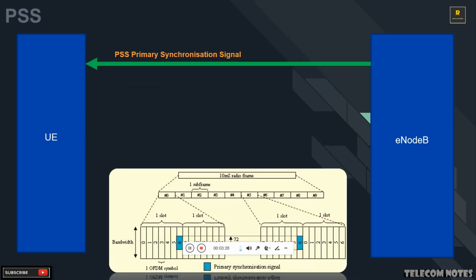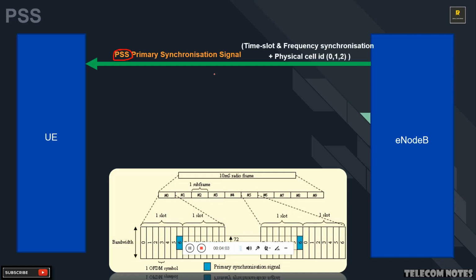Now starting with how it will latch to the particular network, starting with the PSS, the primary synchronization signal. The eNodeB sends the UE the PSS, primary synchronization signal.